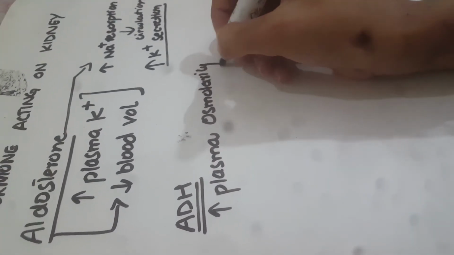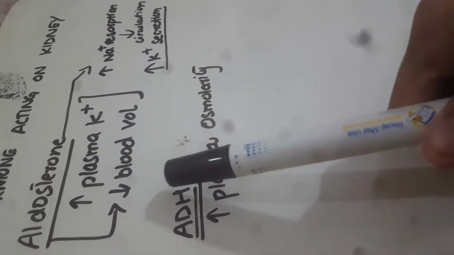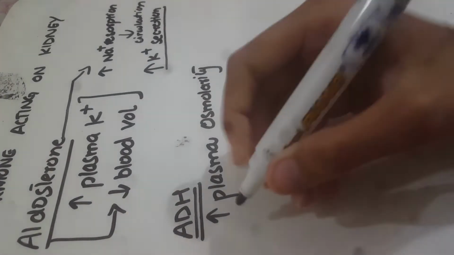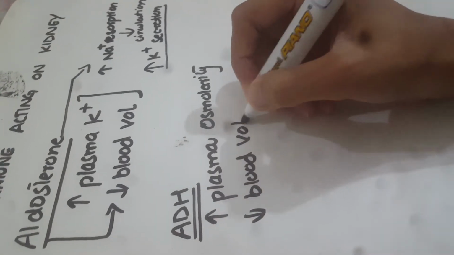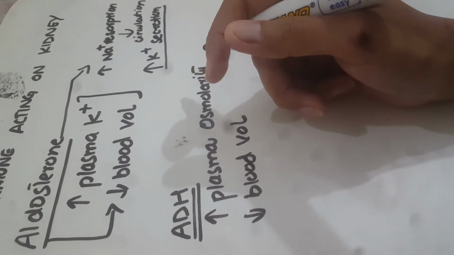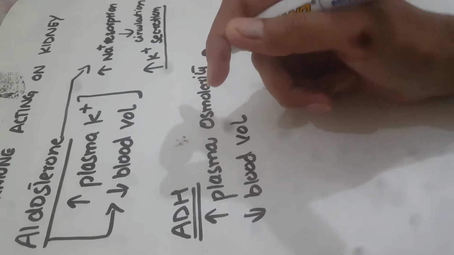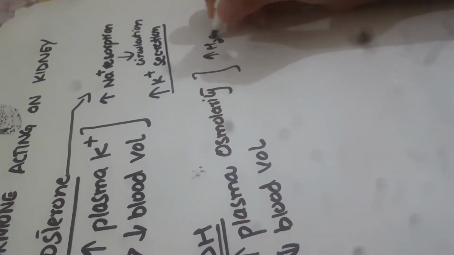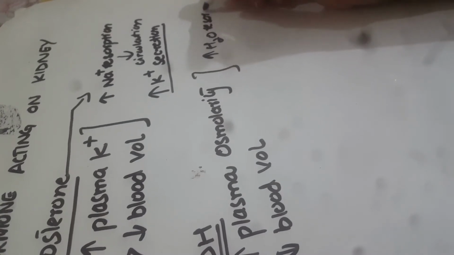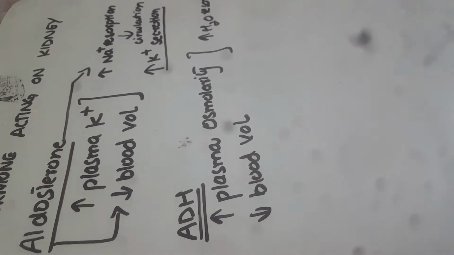When there is an increased plasma osmolarity, there is a secretion of antidiuretic hormone, and when there is a decreased blood volume, antidiuretic hormone is secreted, and it causes an increased number of aquaporins to open. What it causes is increased water reabsorption by opening of the aquaporin channels that are located in the collecting duct.